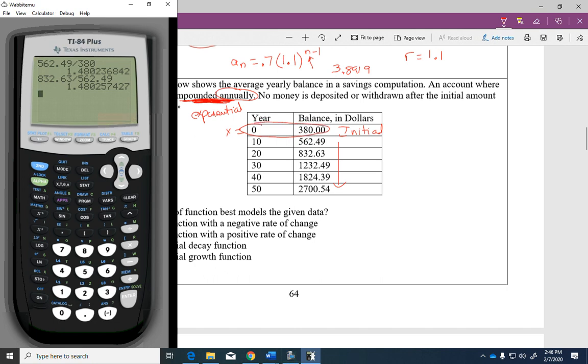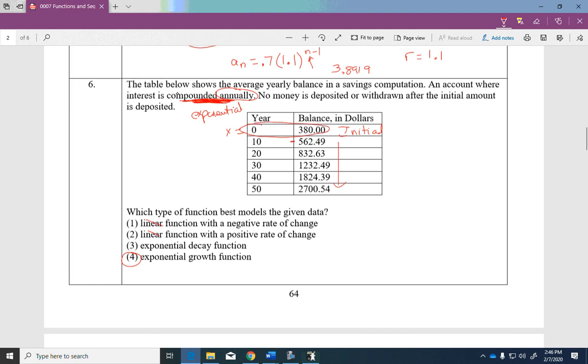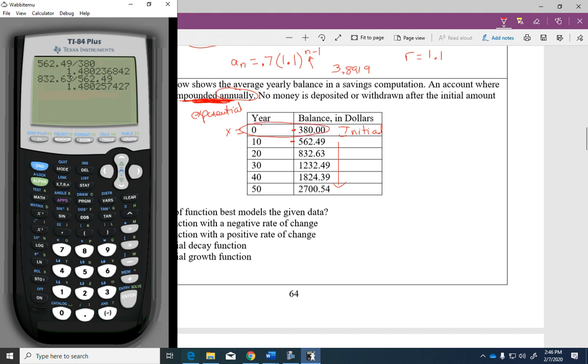So I know they didn't ask us to write the exponential function for it, but I want to talk about how you would. You can see on my calculator that I was deciding to try and figure out what that growth factor was. I did the second term divided by the first term to get 1.48 and more digits, and then I did the third term divided by the second term to also get 1.48 and other stuff.